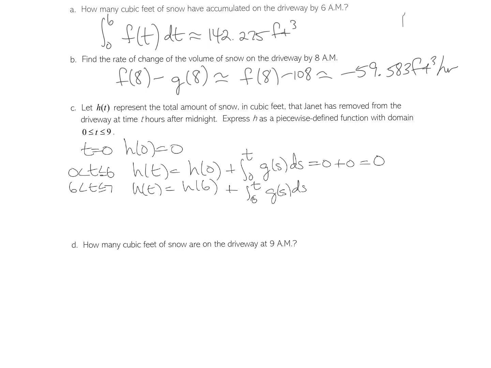So at 6, we're going to have 0 plus from 6 to T, it's going to be 125 ds, which is 125 times T minus 6.